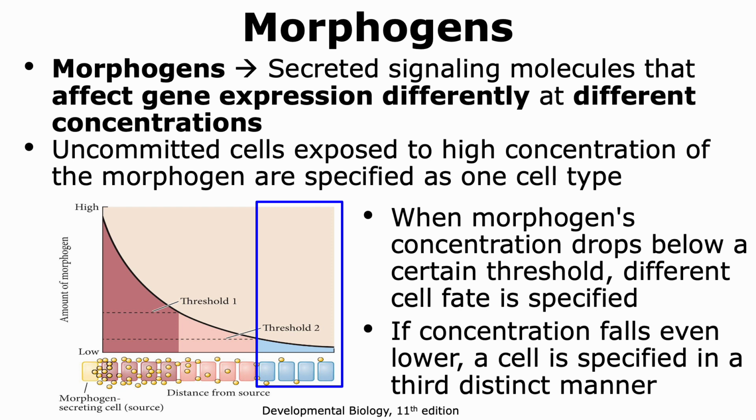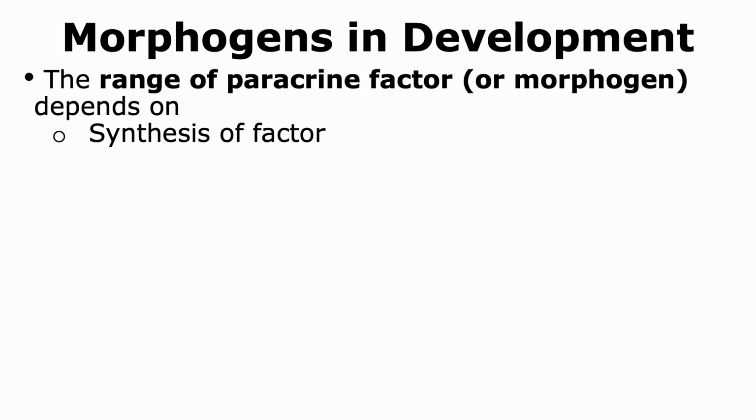Finally, if the concentration falls even lower, then a cell can be specified to develop into a different type of cell altogether. Thus, the morphogens affect development based on their concentrations.